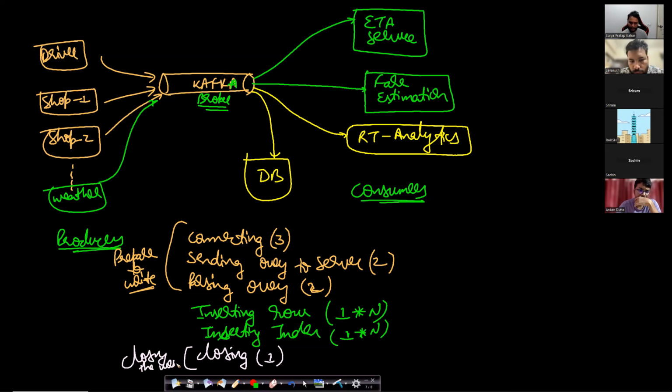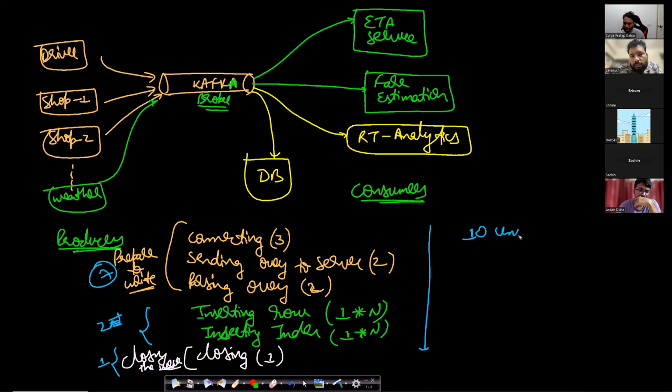So for doing one write, you will be incurring 3 plus 2 plus 2, which is 7, then 2 times n, and this is 1. If I take the value of n to be 1, that means you are making only one write every time, not a bulk write. Then for every write you are taking 10 units of time.